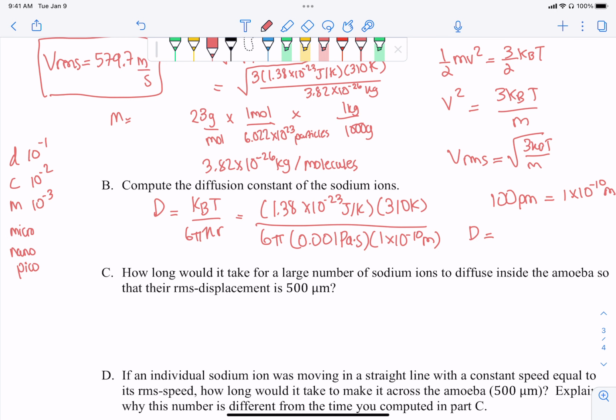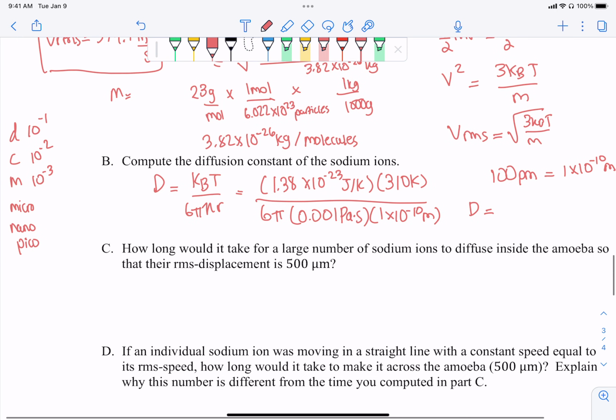I just mean that 100 picometers is equal to 1 times 10 to the -10 meters, but 1 picometer is equal to 10 to the -12. So it goes deci, centi, milli, micro, nano, pico: 10 to the -1, -2, -3, 6, 9, 12.